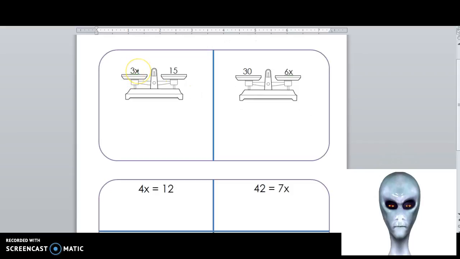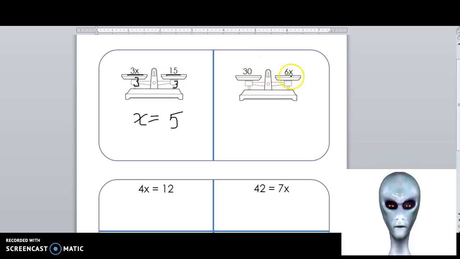3 times some number x is balanced with 15. In order to solve, I'm going to divide both sides by 3 to get x is equal to 15 divided by 3, which is 5. Now on this equation, my variable or unknown is on the other side.